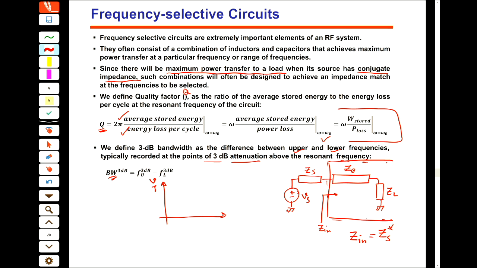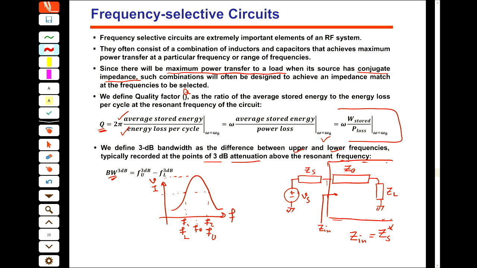This could be V or I, no difference. If this is your F axis and here is your resonance frequency, then at resonance you see a value, and 3 dB less means half of that. These two frequencies, F1 and F2, or F lower and F upper, the difference between them is the 3 dB bandwidth of this system.